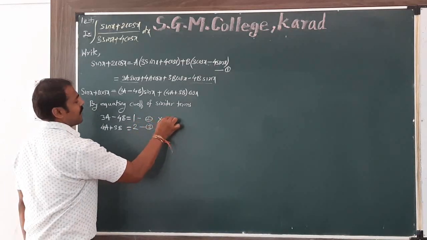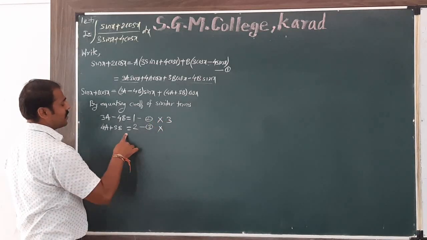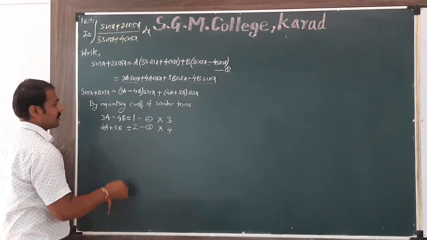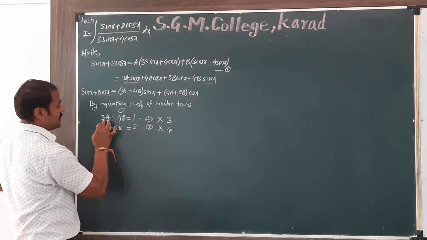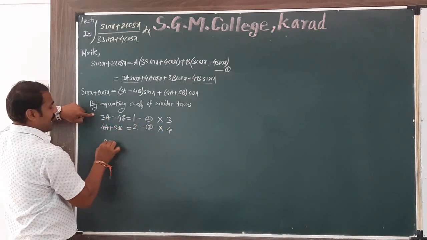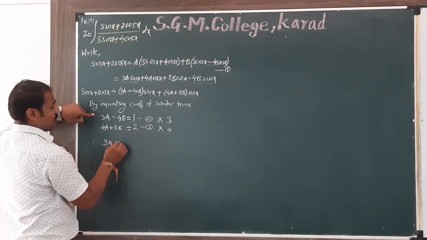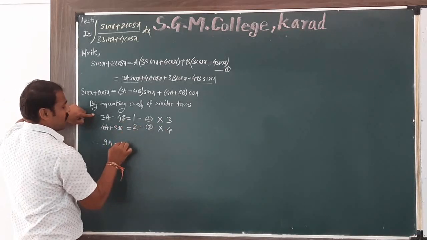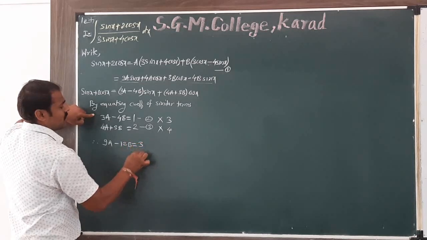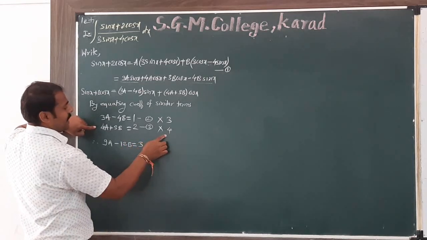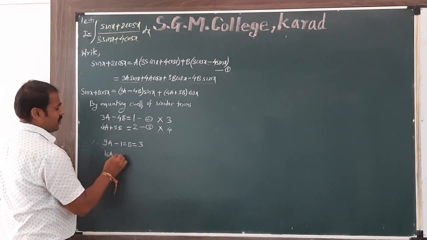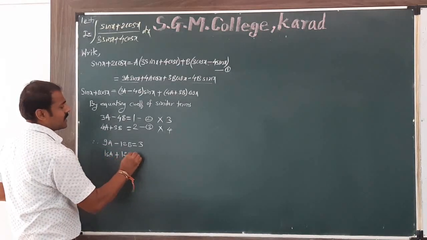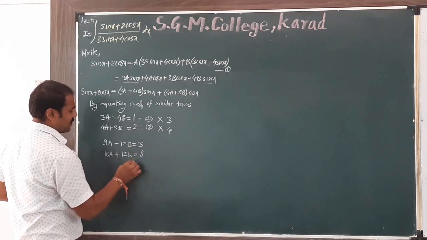Multiplying equation second by 3 and equation third by 4, we get, on multiplying equation second by 3, it's 3 into 3, we get 9a minus 3 into 4, 12b is equal to 3. On multiplying equation 3 by 4, we get 16a plus 12b is equal to 2 4s are 8.